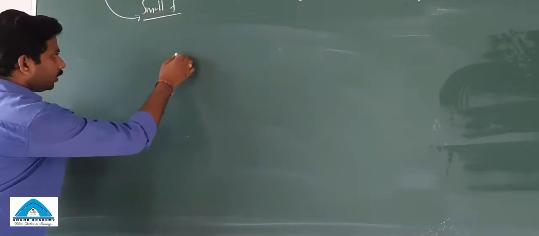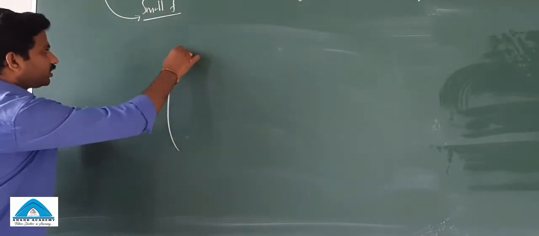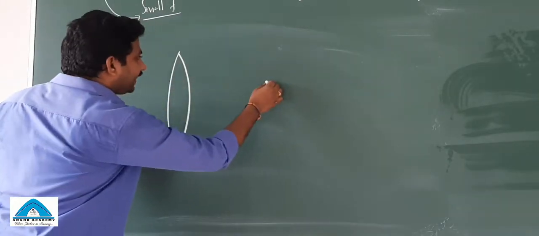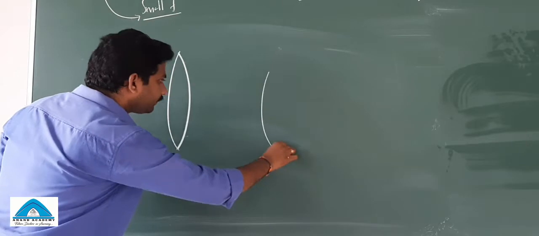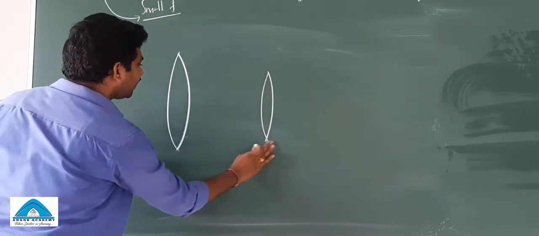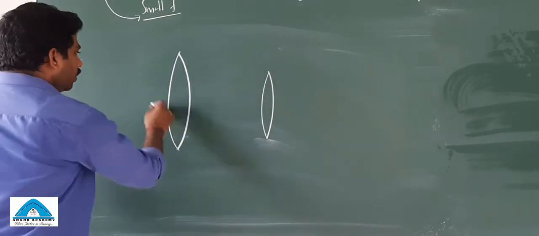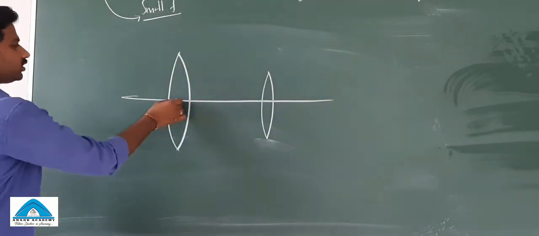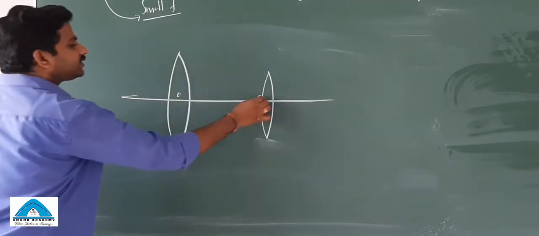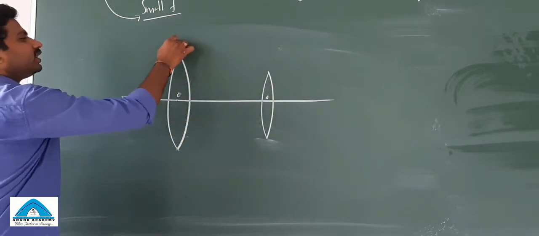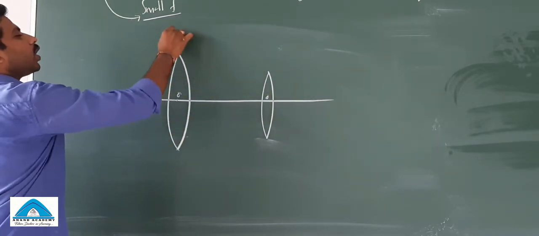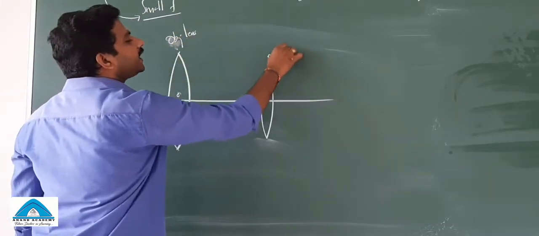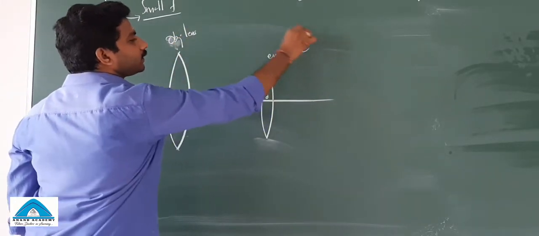This is one lens, and there is another lens I am drawing here. This is the principal axis here. This is an optic center, and this is an optic center. This lens I can write as objective lens, and this is the lens called eyepiece here.